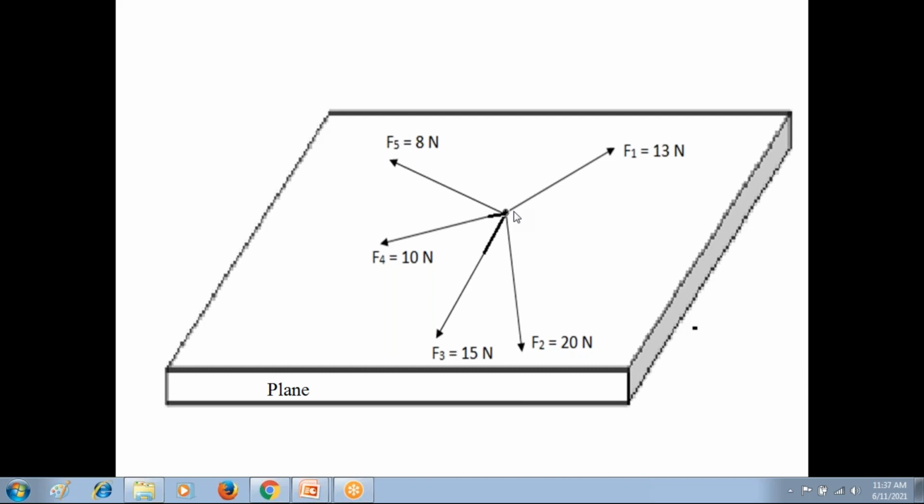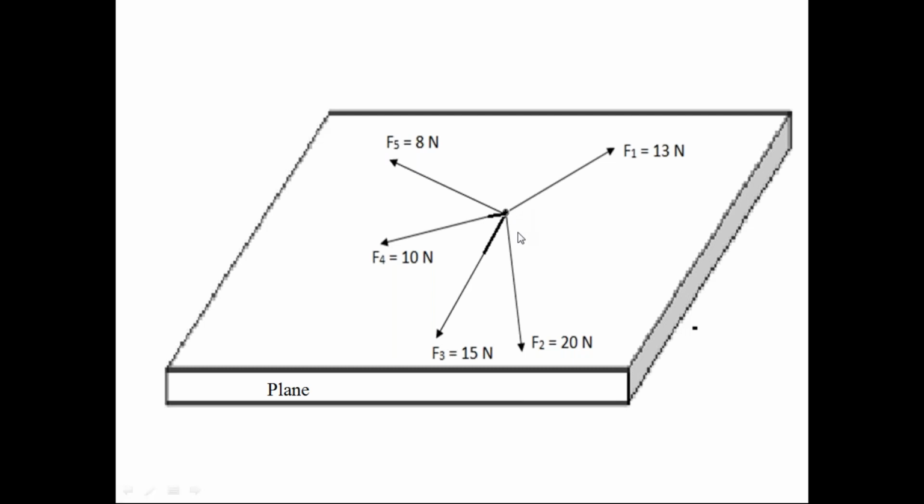Now coming to the next force system. In today's class, I discussed with you the collinear force system, the coplanar force system, and the coplanar parallel force system. In that we discussed the coplanar parallel like force system and the coplanar parallel unlike force system. Then I explained the coplanar concurrent force system.